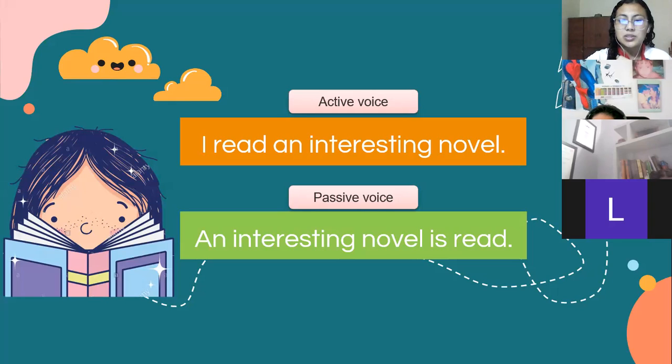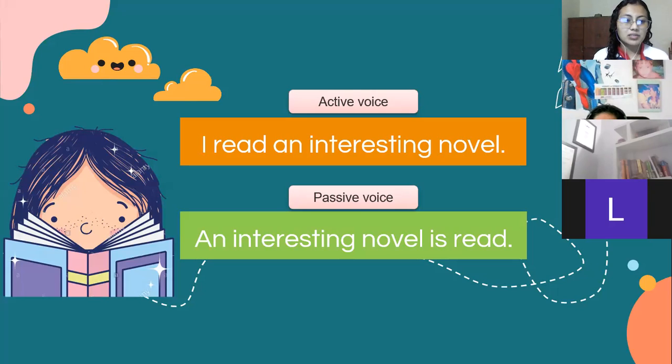I read an interesting novel. Yo sé quién hizo la acción, pero no me pareció relevante. Recuerden que en la voz pasiva lo más relevante es la acción y no la persona que hace esta acción. Y aquí no me pareció relevante poner an interesting novel is read by me.